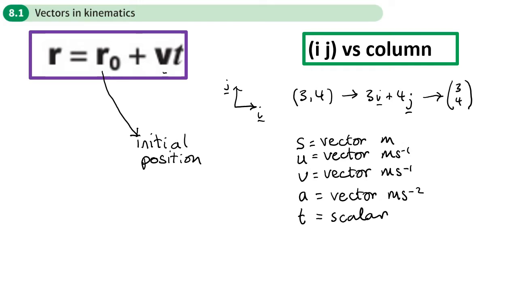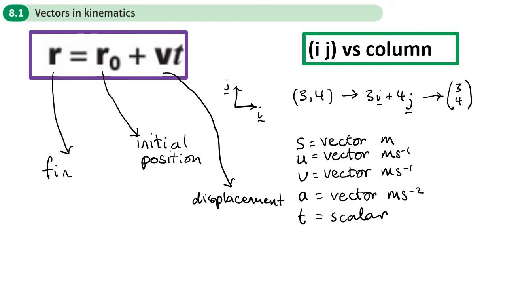vt, velocity times time, gives you the displacement of the object. So if you've got the initial position of something and you add its displacement, what do you get? You get its final position. So r here represents the final position of this object.